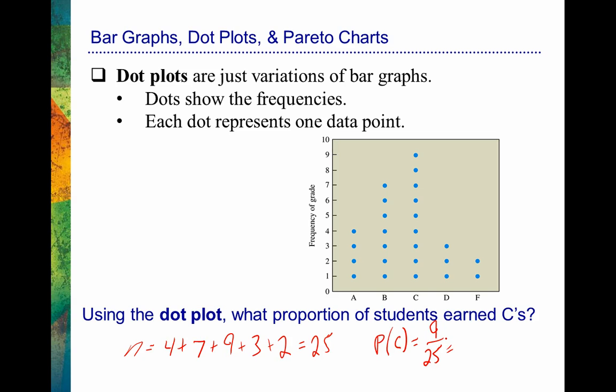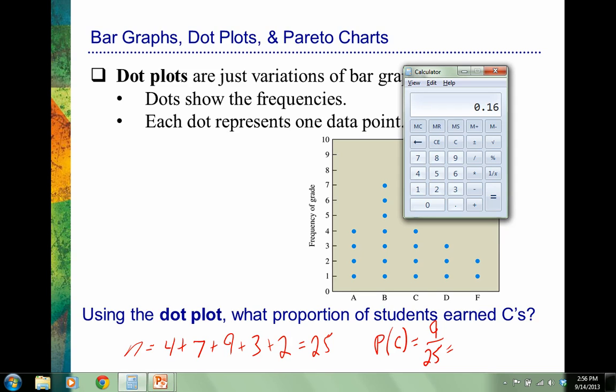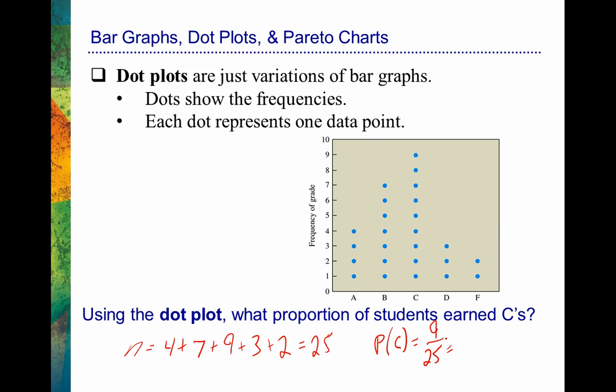So let's look at our calculator real quickly. 9 divided by 25 equals 0.36, or 36% of the people earned Cs. So the proportion of people who earned Cs is 0.36. The probability of earning a C is 0.36, and 36% of the people earn Cs. Those are the different ways that we can interpret that number.